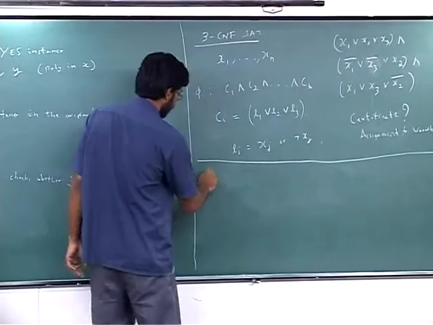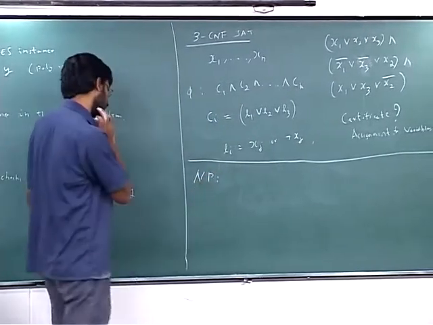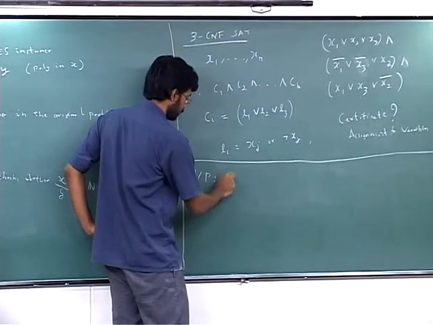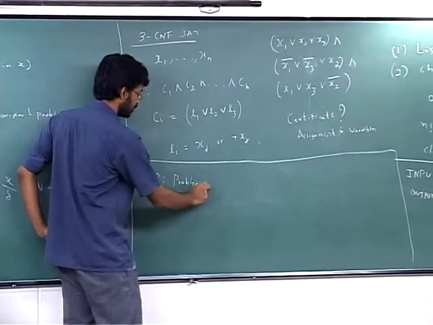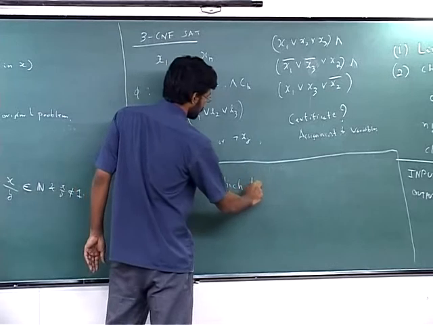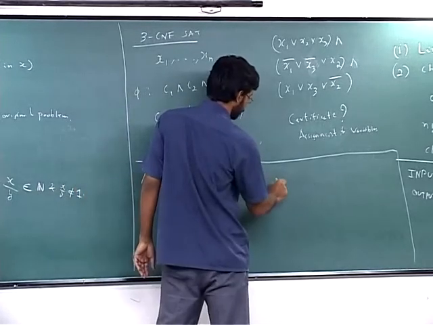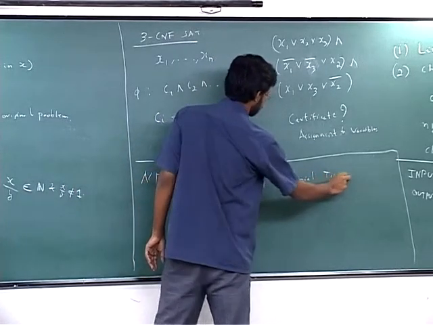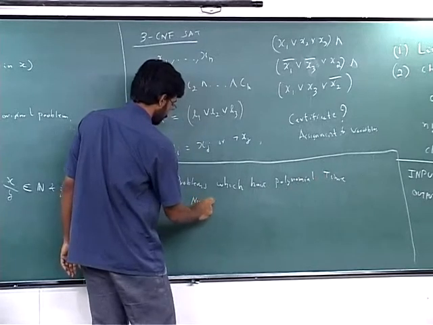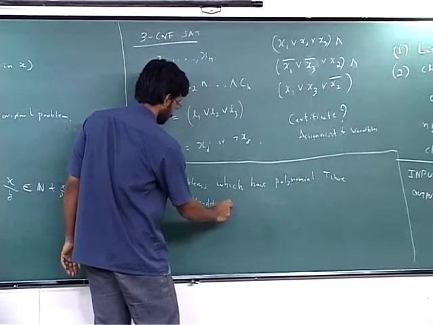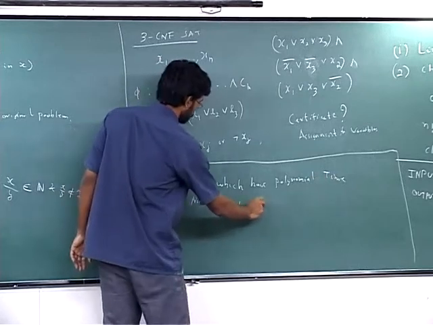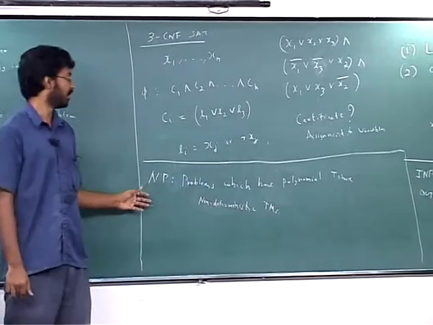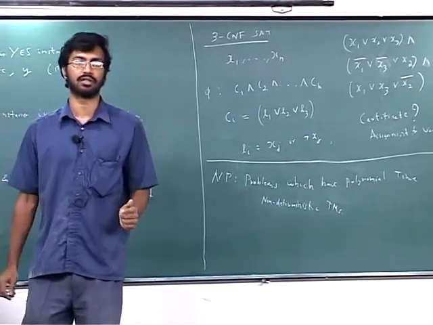So another way to define NP is the set of problems which have polynomial time non-deterministic Turing machines.